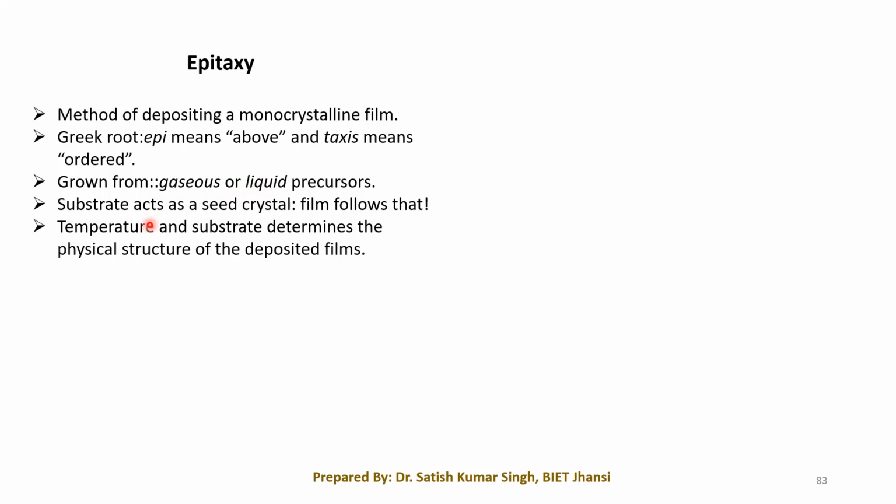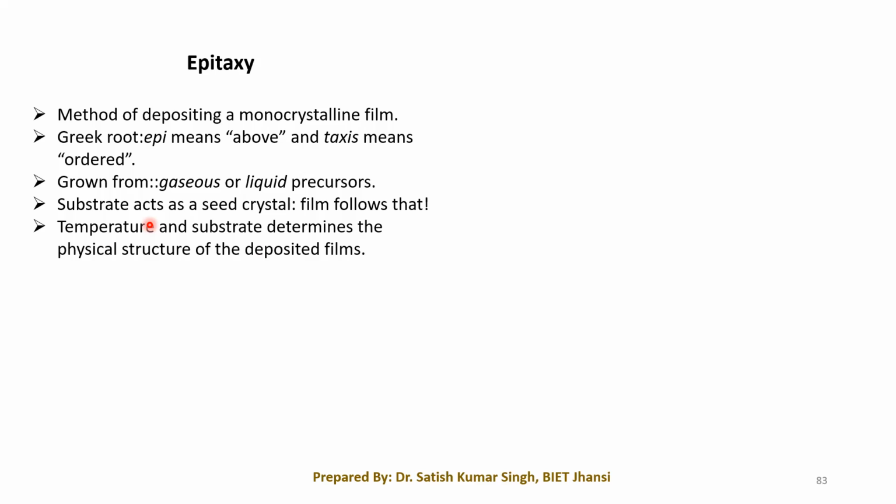Then whatever be the substrate possessing the properties, it has a certain orientation, you can say a particular lattice constant. Whatever properties our substrate has, some of them will be followed by your epitaxial layer also.